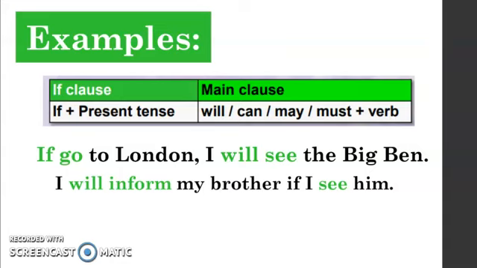Still, this is in the first conditional, although the if clause comes second, but as you notice, it still follows the form. We have will plus the verb in the main clause, and then if plus the present tense of the verb for the if clause. Then this sentence is an example of a first conditional. So that's for the first conditional.